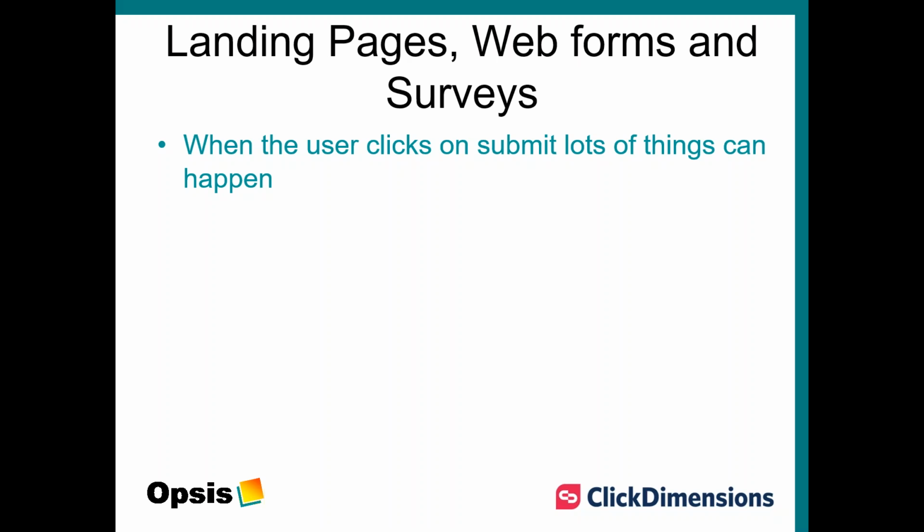But as well as that, they could be added to a marketing list. They could be assigned to a particular user. So they're then given to the person who looks after that geography or something else related to the person based on what we know about them so far.